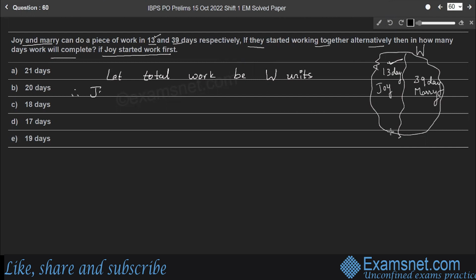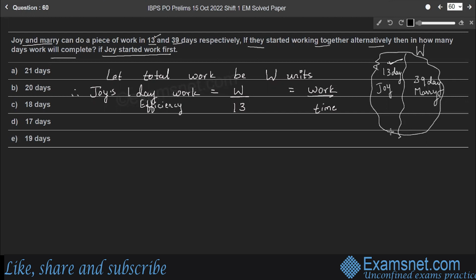Therefore, Joy's 1 day work, or efficiency of Joy, is total work by number of days. By the formula, work is equal to efficiency into time. Therefore, efficiency is equal to work by time. Therefore, Joy's 1 day work is W by 13.